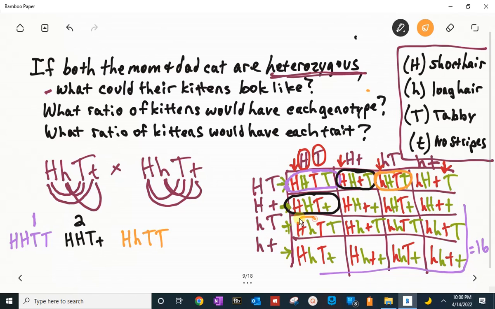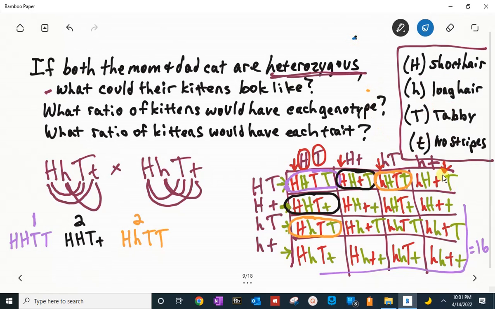So here, over here is a capital H, a lowercase h, and 2 capital T's. And it looks like that is all we have for a heterozygous hair length, dominant hair length, and a homozygous dominant coat pattern. So that's 2 squares also. So we're going to have 2 right there.